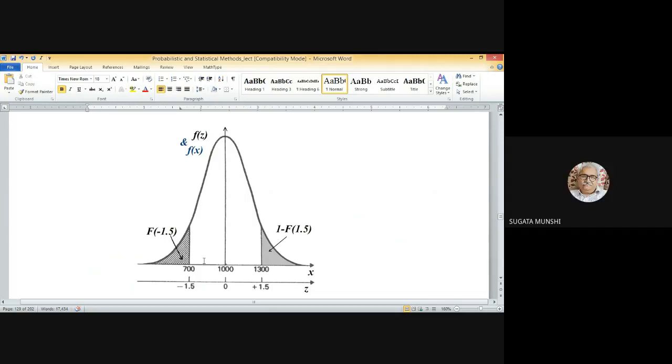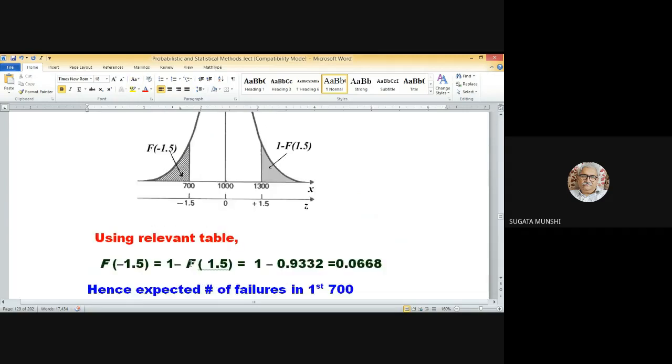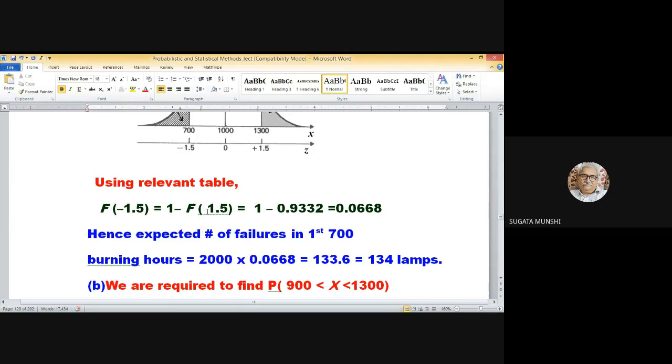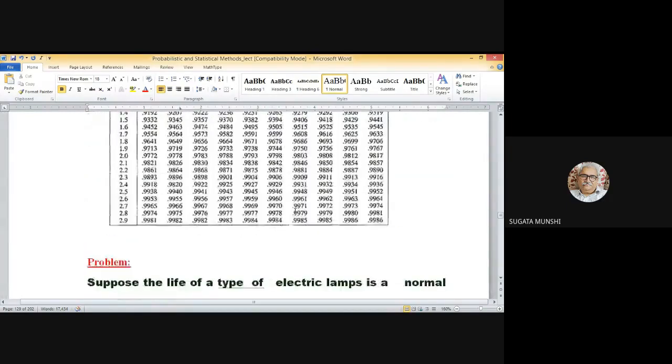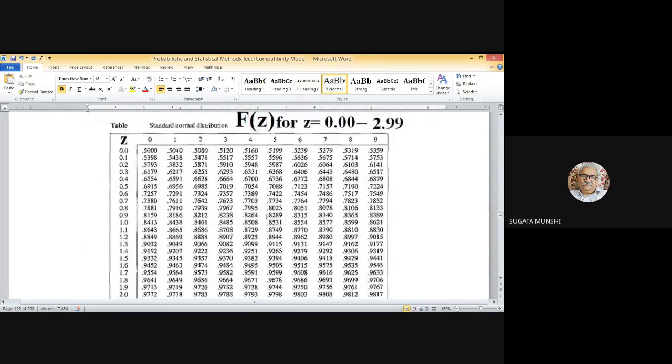That capital F with argument 1.5, you can get it from the table. It comes out as 0.9332. Let's refer to the table. 1.5 means here, just see, 0.9332.